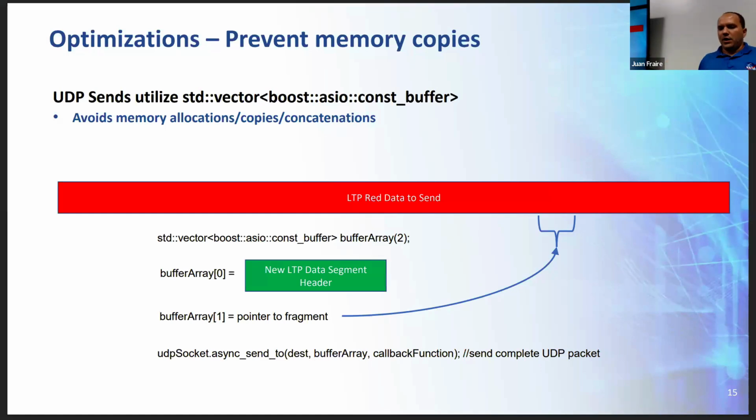So we don't have to go and recopy our LTP red data into a piece of contiguous memory. We can give it some pointer length pairs and say, here's the socket, here's the pointer to this header, now here's the pointer to this data, create the UDP packet and send it.